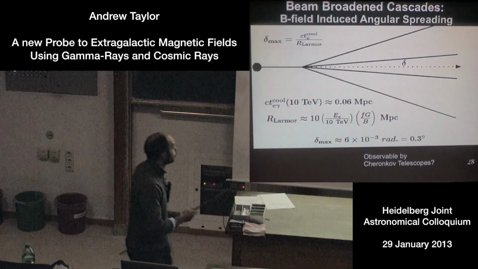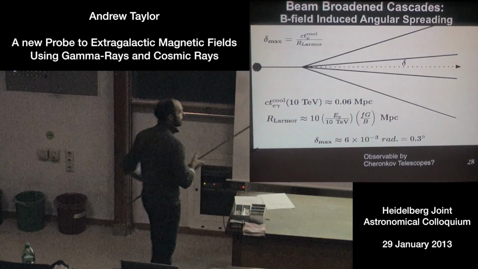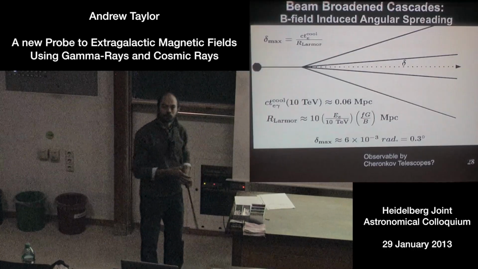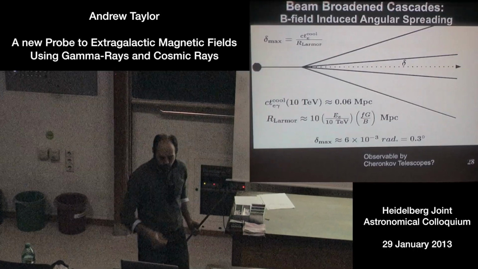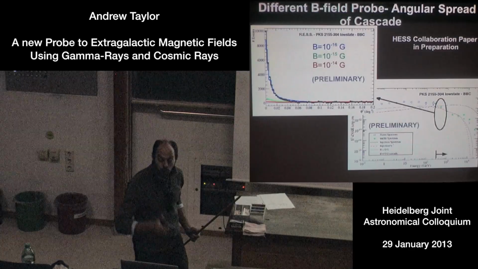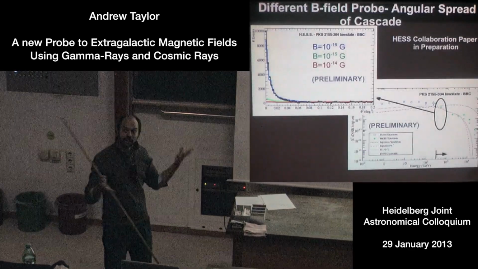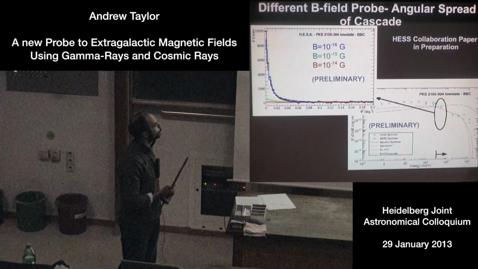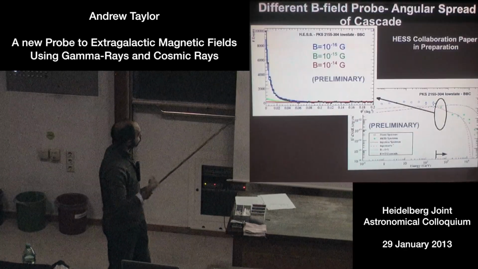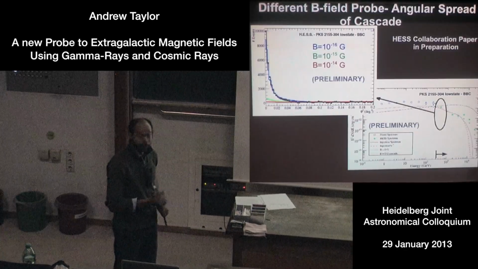And of course, we remember that the Cherenkov telescopes have angular resolutions of the order of 0.1 degree, so you actually have the hope of looking for the angular spreading of a blazar because of the presence of extragalactic magnetic field.